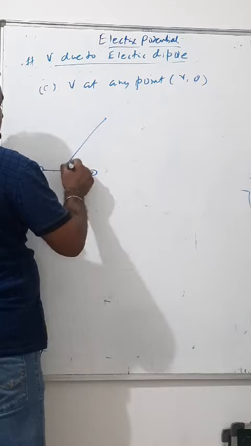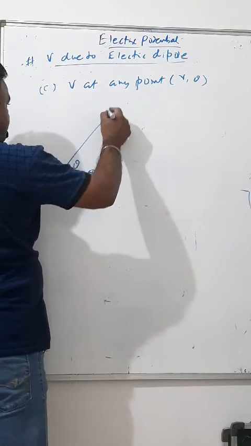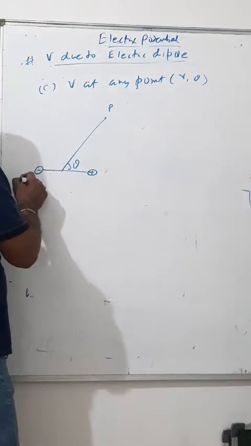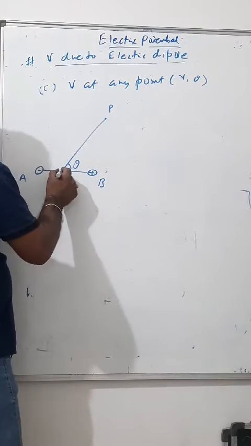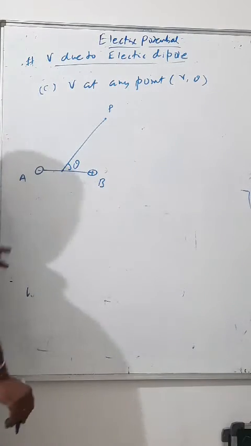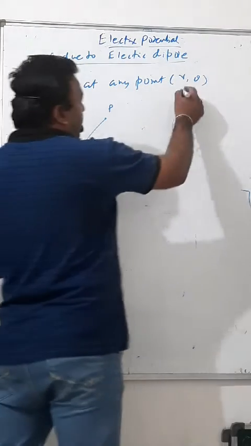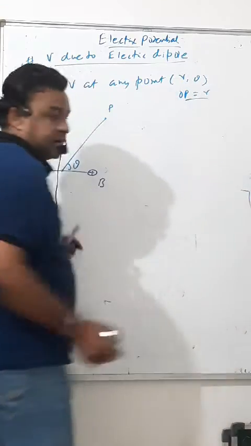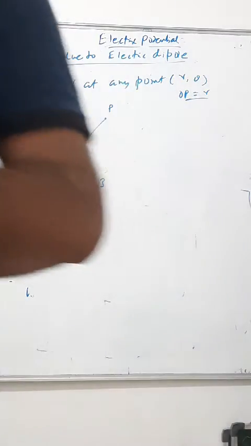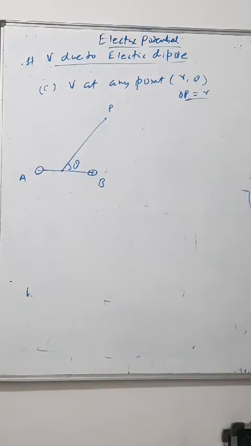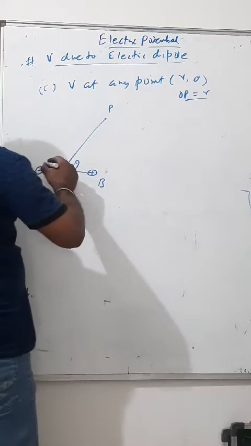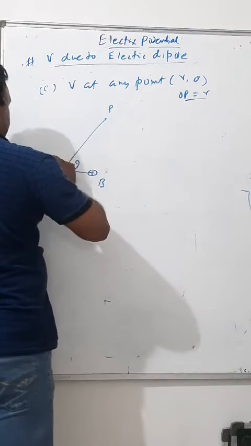This is A, this is B. From center point O to P, this OP distance is R, right? Then to find the potential at point P due to the positive charge and negative charge, look here, here it is a very clever calculation.